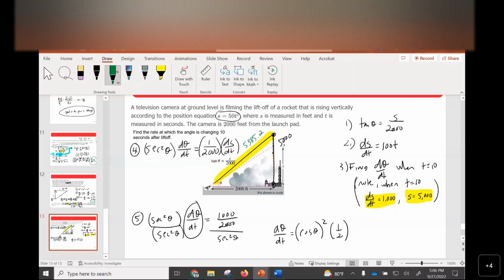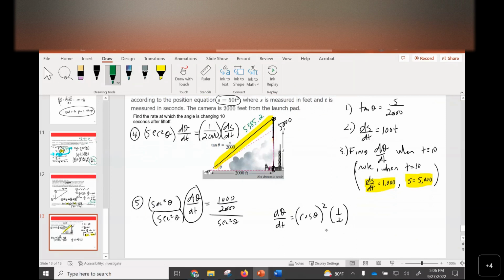And now I can do the cosine, right? I can answer my question. D theta dt is the cosine of the angle squared times 1/2. And the unit's going to be radians per whatever time is, right? It's my default unit measurement for angle. The unitless measurement is going to be radians per second.